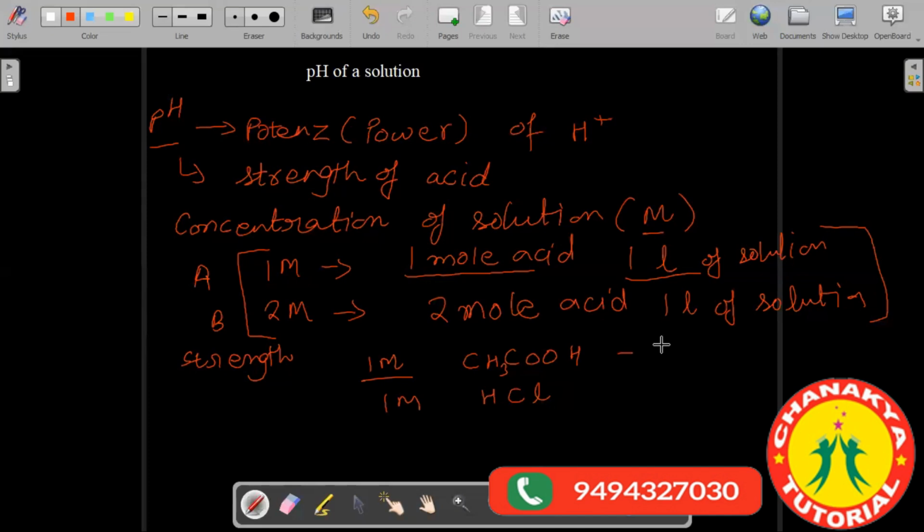As we know, when this is mixed in water, the acetic acid CH3COOH will give us acetate ion and H plus ions. Yes or no?